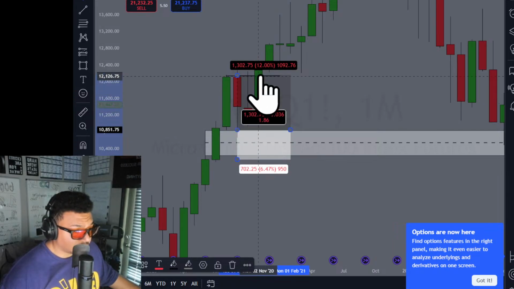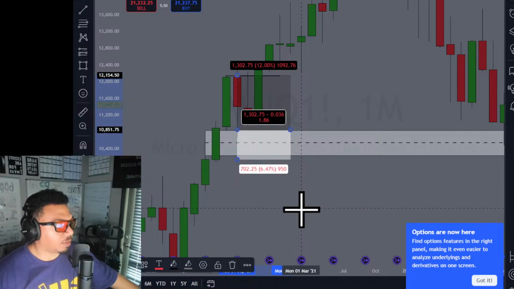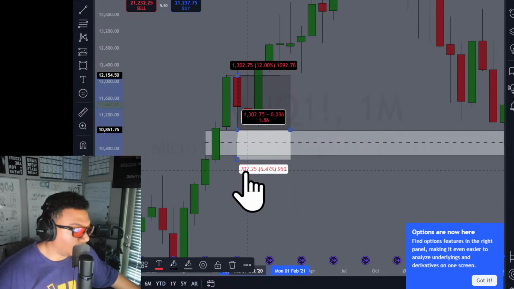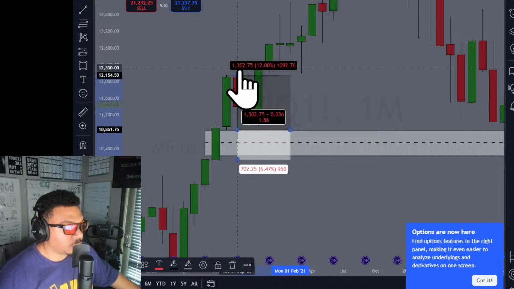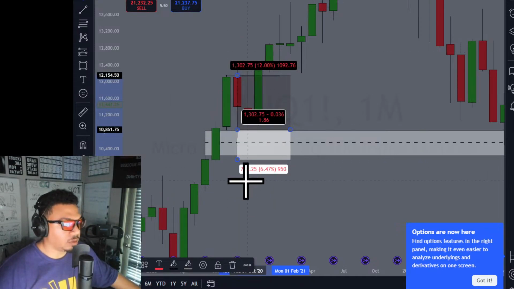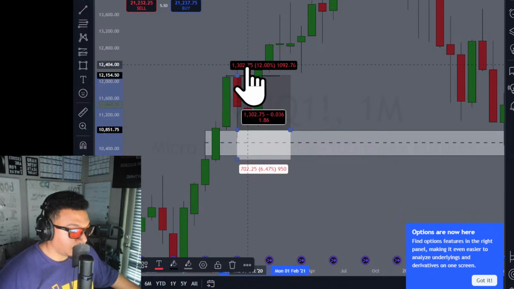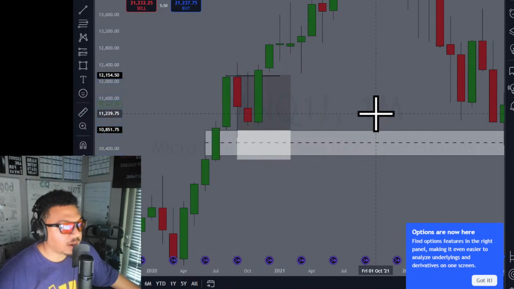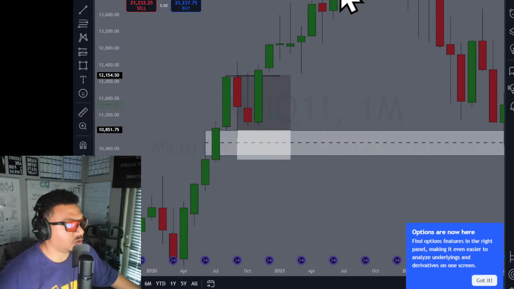You could have added to the position as it was approaching target, which is a key factor in my trading. This tool shows you how many points would be at risk: 702 points, 1,300 points. If you trade one micro, that's $2 a point, $1,400 risk for about $2,600 profit. That would be an okay trade if you're trading on a longer term basis.